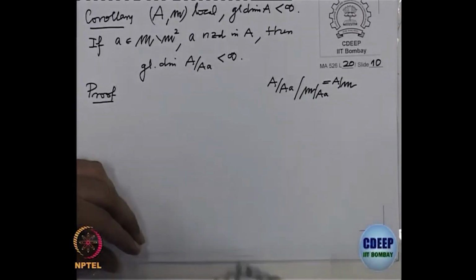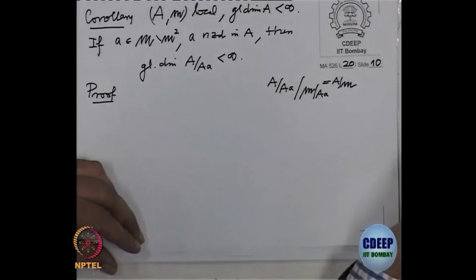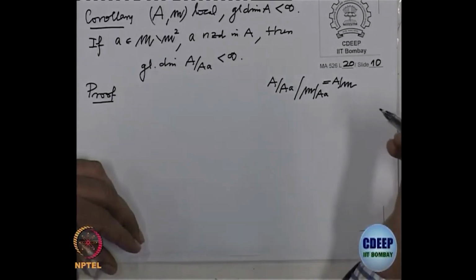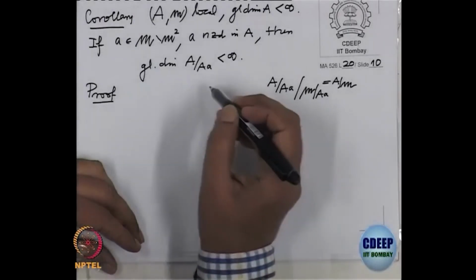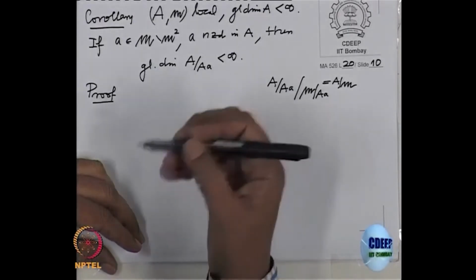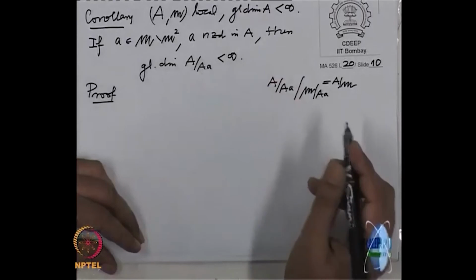For that, I have to take the sequence of A by aA modules and compute the Tor or whatever, right.